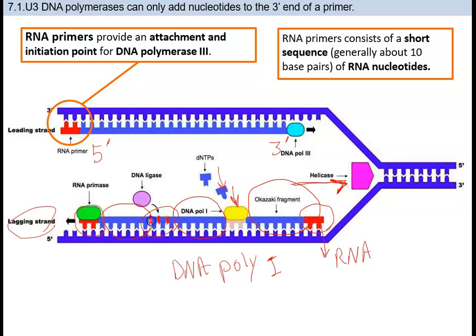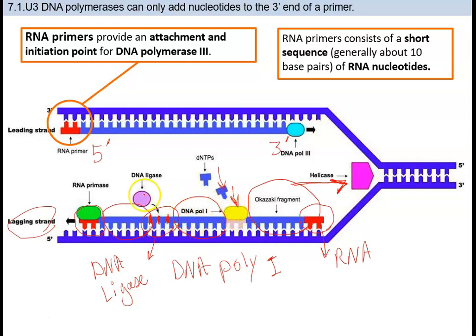So there should be bonds between these nucleotides, and that's the function of DNA ligase. The DNA ligase attaches or makes bonds between these nucleotides after DNA polymerase 1 added them.